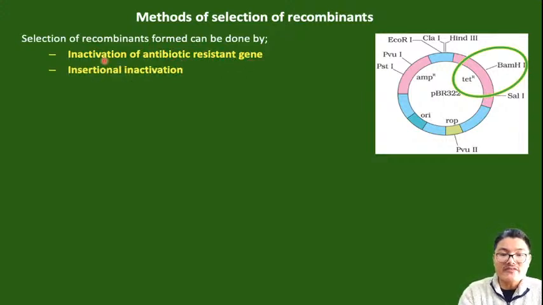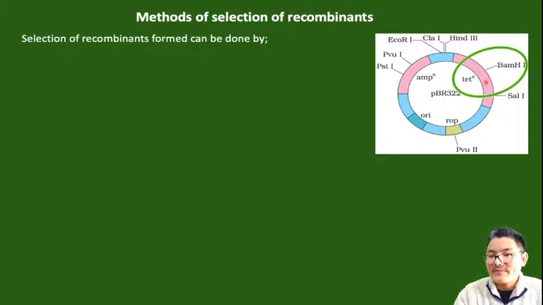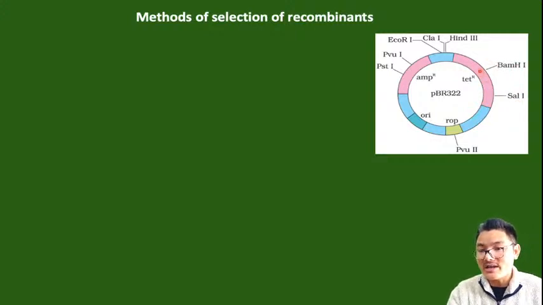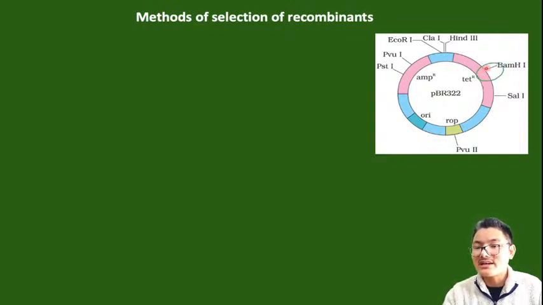Inactivation of antibiotic resistance gene, as we have studied, is damaging the tetracycline gene. If the gene is not cut by BamHI and SalI, then the tetracycline gene is normal, right? If we cut the tetracycline resistance gene by BamHI, then there is inactivation. The gene will be cut in between, which means there is destruction, inactivation.